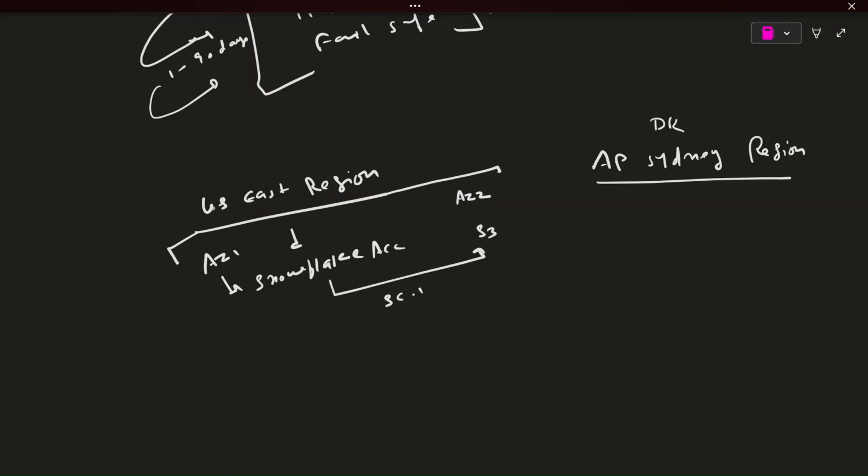Here, somewhere in some AZ, I have set up my DR. In case this whole region goes down, I can use this DR site. And from here I am transferring data to here also. Now how will this data transfer cost be charged?